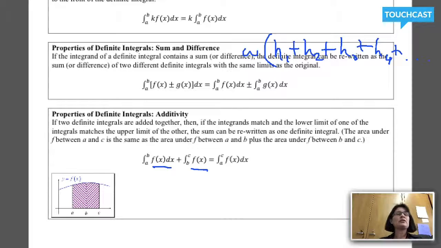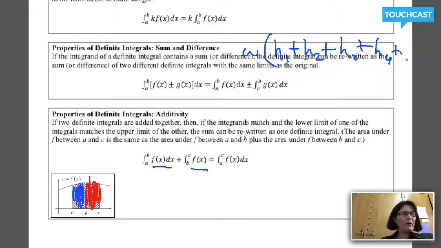So notice these two functions. That first integral says find the area under f between a and b. Here's a little picture. It's the part I just colored in. The next integral says add to that the area under the same curve, f, between b and c. So this.